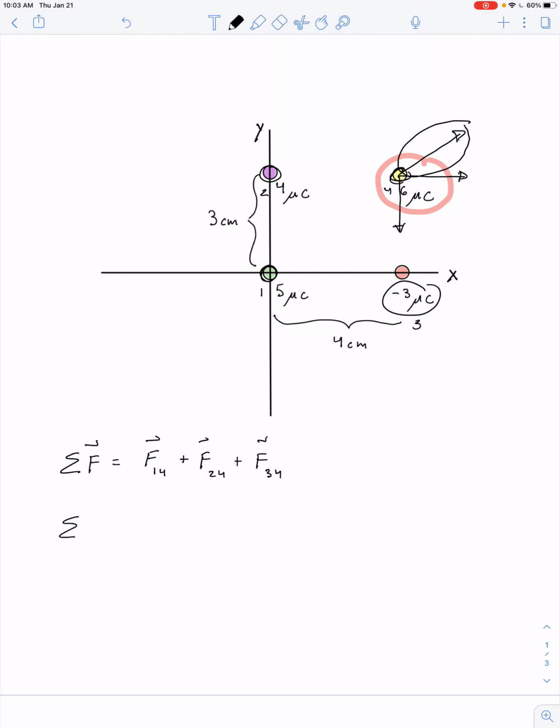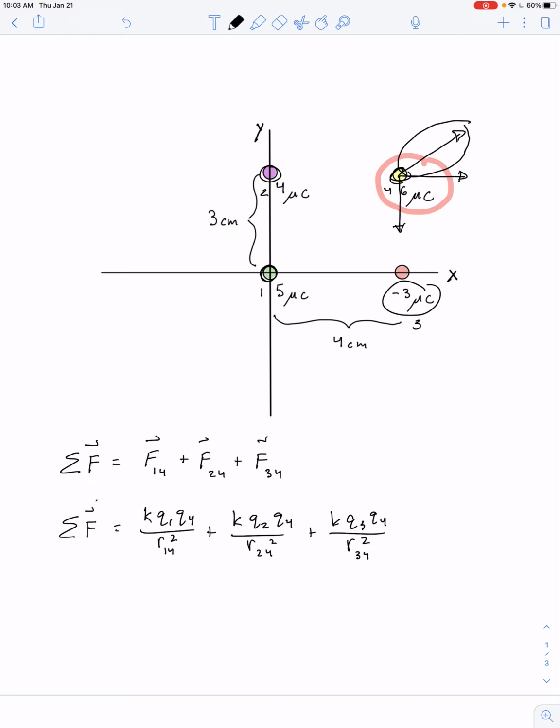If we write that out, applying Coulomb's law, we get K Q1 Q4 over R14 quantity squared plus K Q2 Q4 over R24 quantity squared plus K Q3 Q4 over R34 quantity squared.